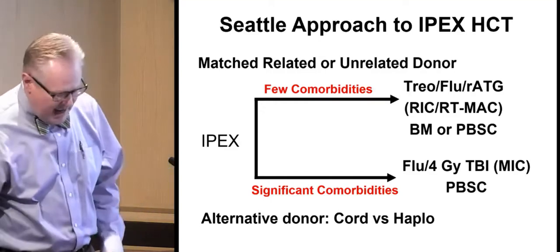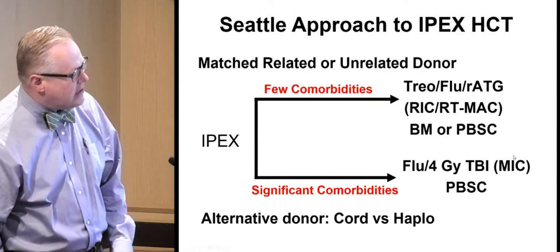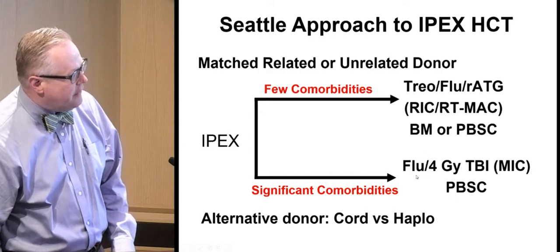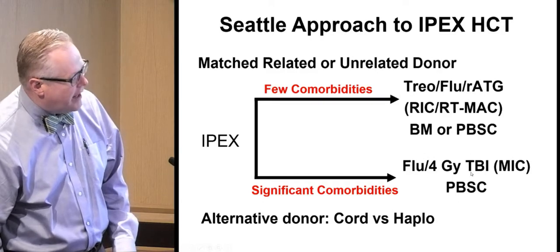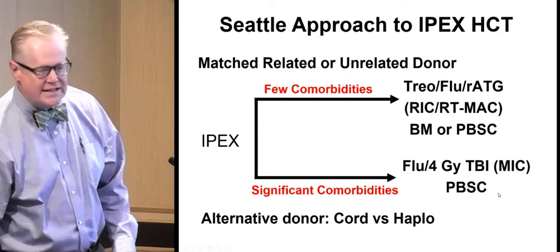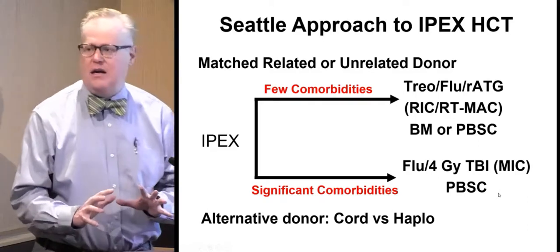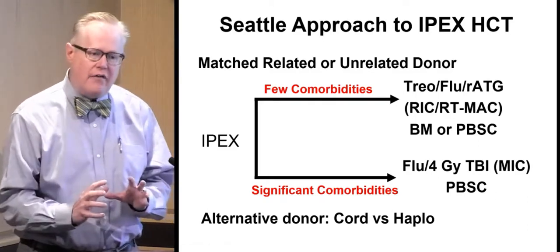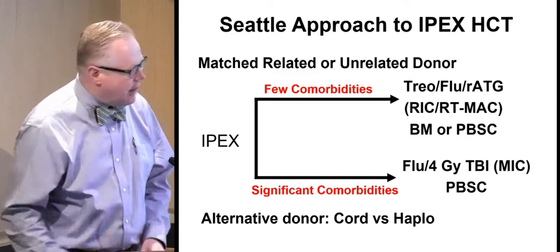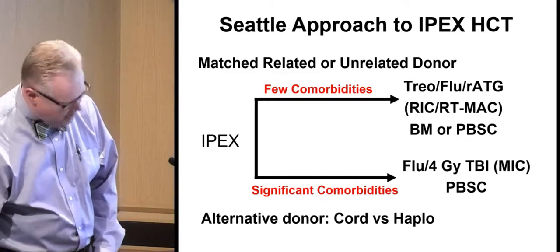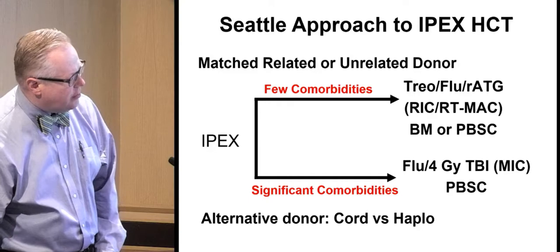So we've used a minimal intensity conditioning or mini transplant regimen where they just get a little bit of fludarabine, a little bit of total body irradiation, and then we use peripheral blood stem cells to really drive in a graft. We can use a lot of donor cells to drive a graft in. And this is generally the approach we've used for these patients.